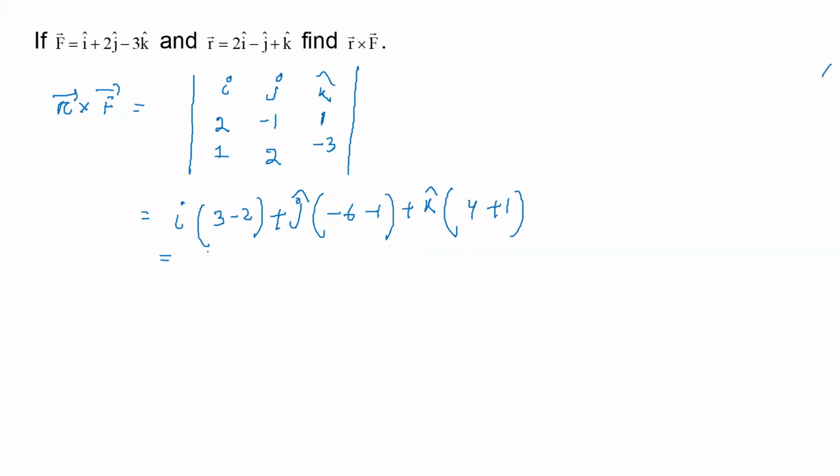So the total answer is 3 minus 1 is 2... I cap, plus minus of minus 6, here minus J cap, students. So minus of minus, that is plus 7 J cap plus 5 K cap. So I cap plus 7 J cap plus 5 K cap. That is the cross product to this question.